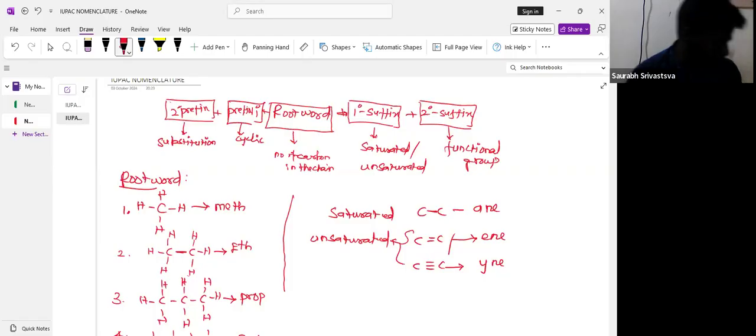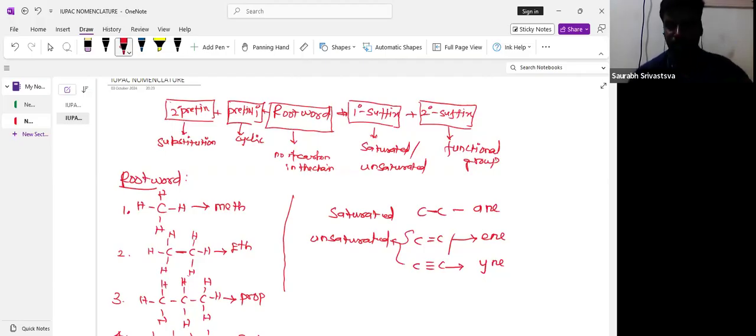Petrol has saturated hydrocarbons. And our cooking oil is unsaturated hydrocarbon. Petrol is different, cooking oil is different. In petrol, between the carbon and carbon there is no double bond or triple bond, so it is a saturated hydrocarbon. That's why it is not suitable for cooking.